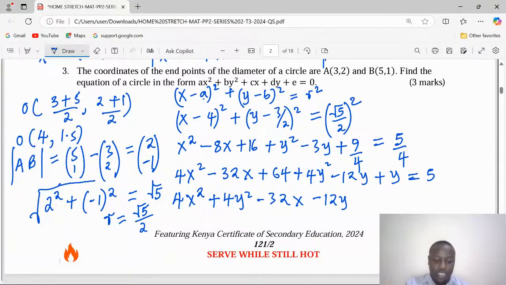So to add up the constants, we have 64 on this side. I remember there was a 9 here. Sorry, this is a 9. So 64 plus 9, then minus 5. That gives us 68 equals to 0. Yeah, plus 68 equals to 0. So that is how the equation is supposed to be.